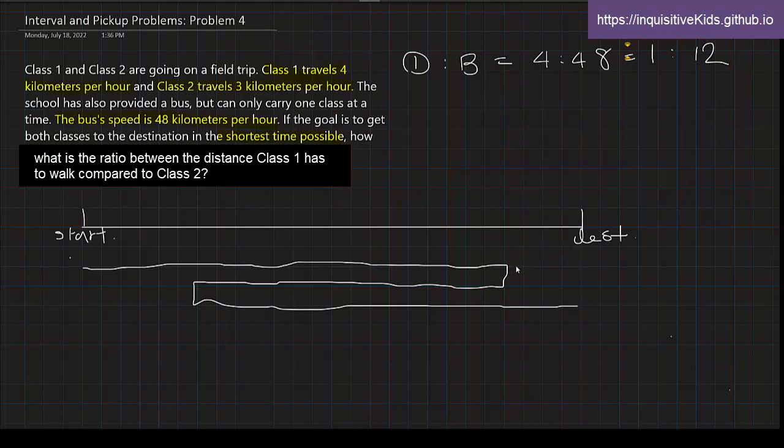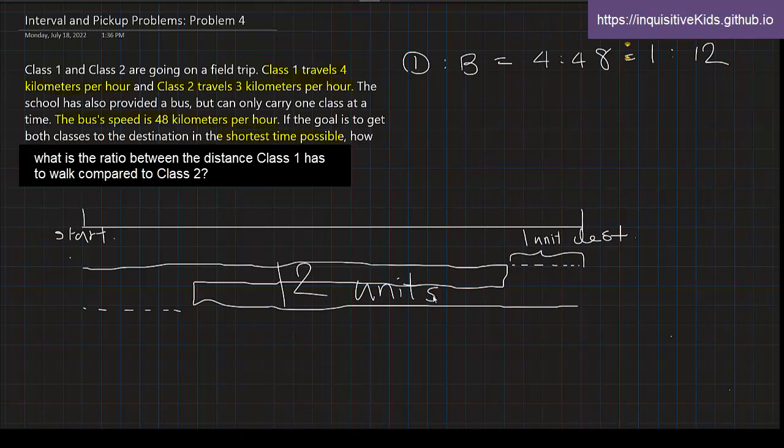And for the walking parts, this would be when Class 1 is walking, and this is when Class 2 is walking. If we label the sketch with this ratio, then the amount that Class 1 walks would be 1 unit, and then this entire thing that the bus had to travel would be 12 units.